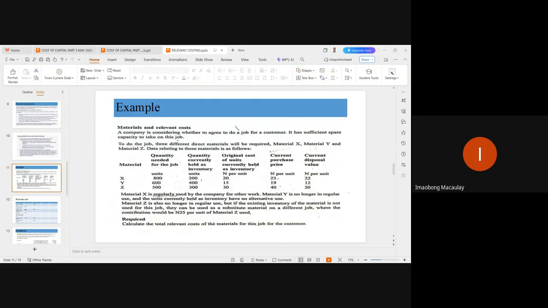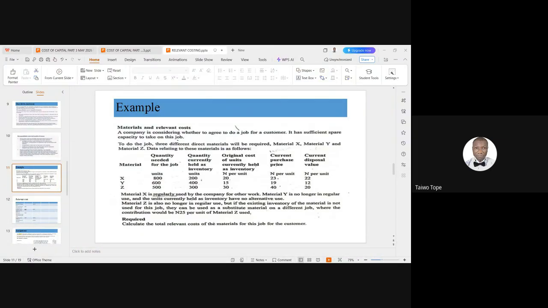The opportunity cost of 25 naira. Very good, very good. That is just the concept. Because if we have a substitute for it, now, if we are to use it for this our production and not use it for the substitute, we are going to lose 25.